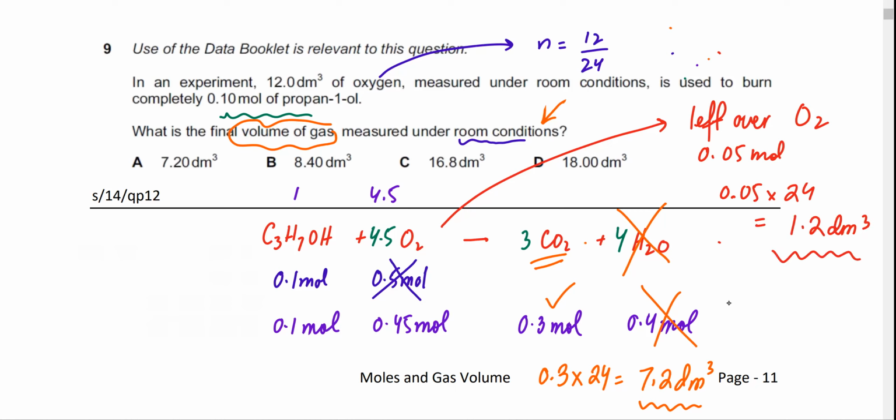So the total volume of gas that you have is 7.2 dm cube of carbon dioxide that's produced plus the 1.2 over here, and the answer would be B. It's going to be 8.4 dm cube. Is this clear?